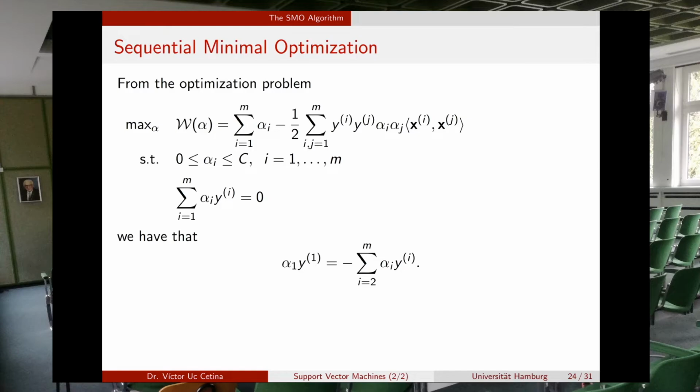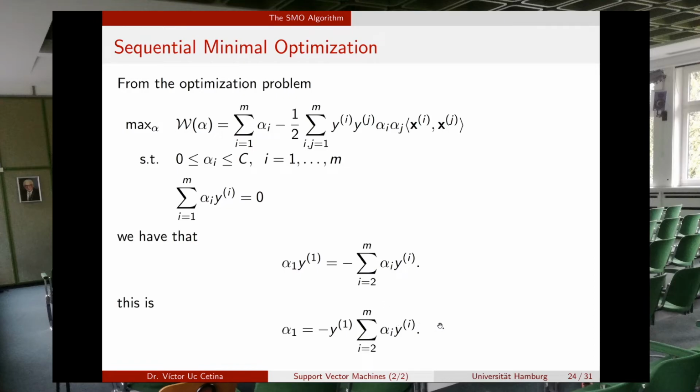What we need to do is to optimize 2 alphas at a time. So from this expression, first see that you can move to the left the first term that refers to alpha 1 times y1. And on the right side we will get this expression, which are the remaining m-1 products.